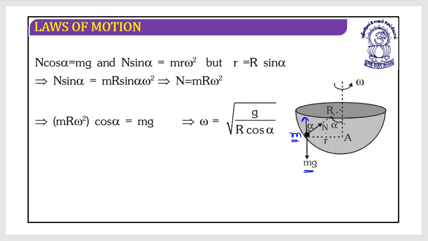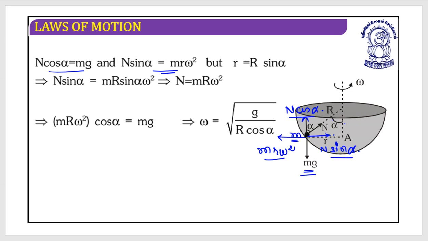So N cos alpha should be equal to mg, and N sine alpha should be equal to m into r into omega square, that is m r omega square.